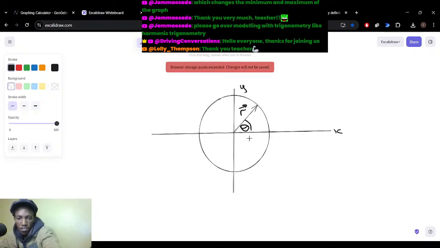So we know that sine theta is equal to opposite over hypotenuse. Hypotenuse is our vector and opposite is our y value. Cos theta as well is adjacent, which is x, over the hypotenuse.